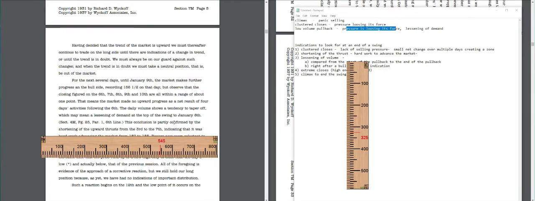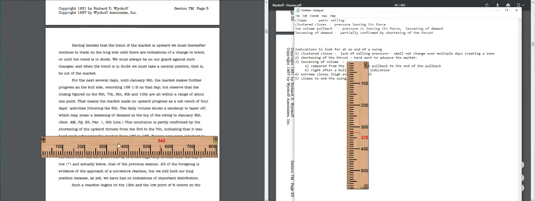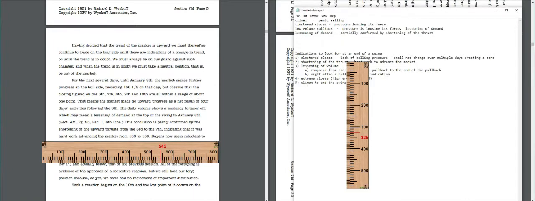And the confirmation, partly confirmed by shortening of the thrust. Alright, so the lessening of demand, let's call it right here. And what is that shortening of the thrust meaning?